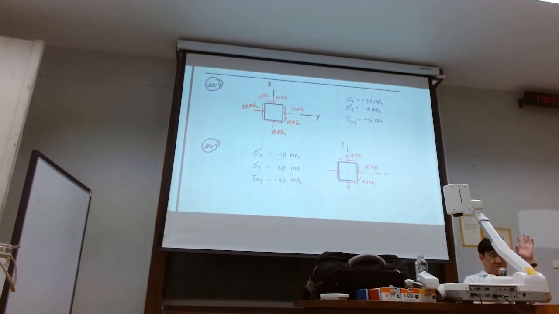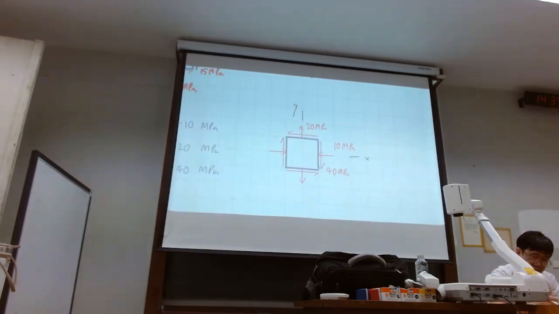Anyone find this confusing? Let me know. Yes. What's your question? How do I know the direction is going down? Okay. This one, positive x.